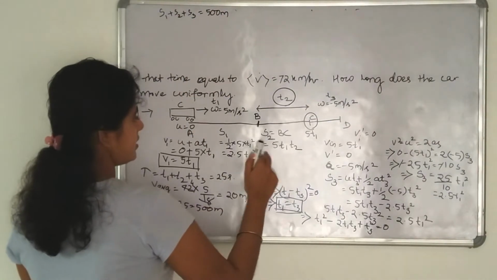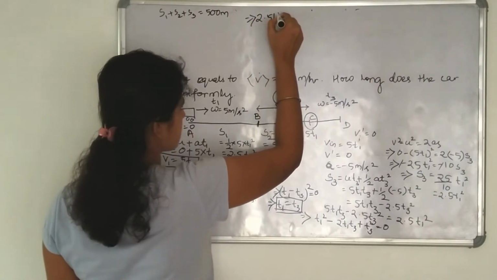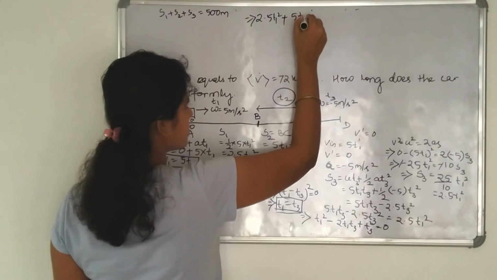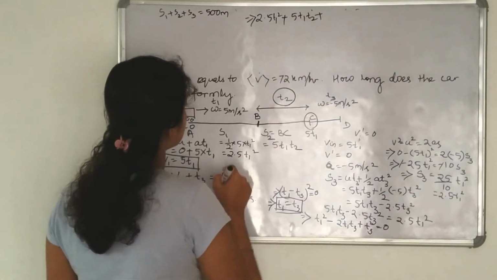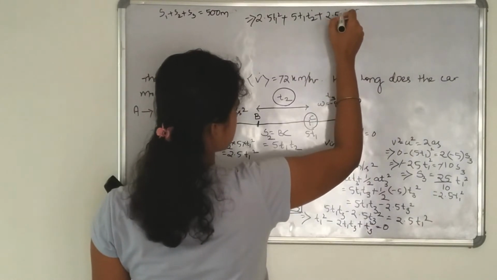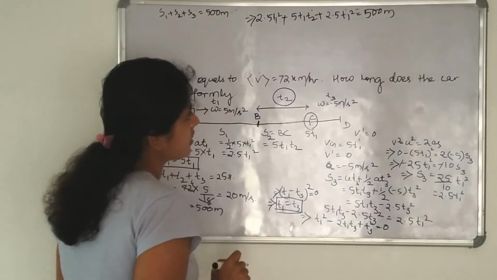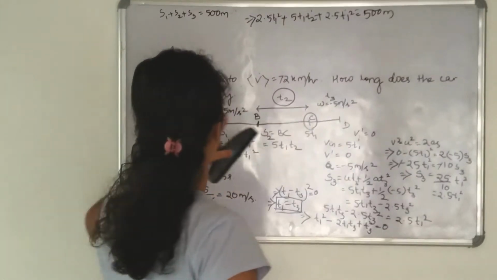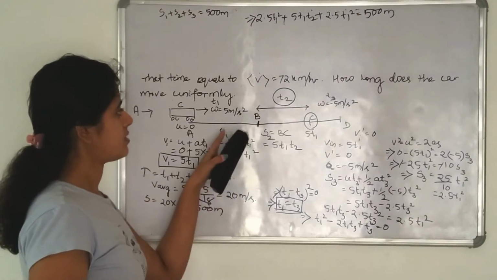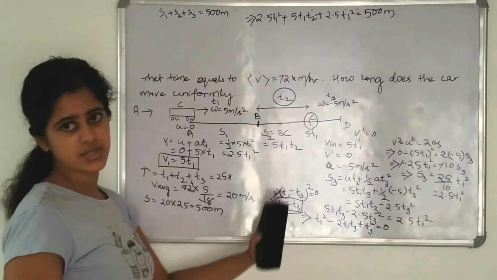So S1 is 2.5 T1 square, plus S2 is 5 T1 T2, plus S3 is 2.5 T1 square, is equal to 500 meter. It asks how long does the car move uniformly, meaning it is asking for this T2 time, that is, in how much time the car travels from B to C.